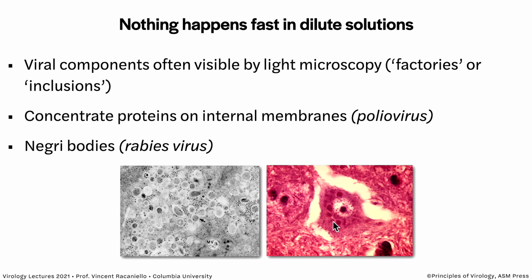So Negri bodies are these round, reddish structures in the cytoplasm of this cell. The nucleus is in the middle here, and it doesn't look very good. It's shrunken. But these red circles in the cytoplasm are Negri bodies. That's where RNA and nucleoprotein of the virus is assembling. So things don't just happen scattered all over the cell. They happen in concentrated areas so that reactions can proceed quicker.